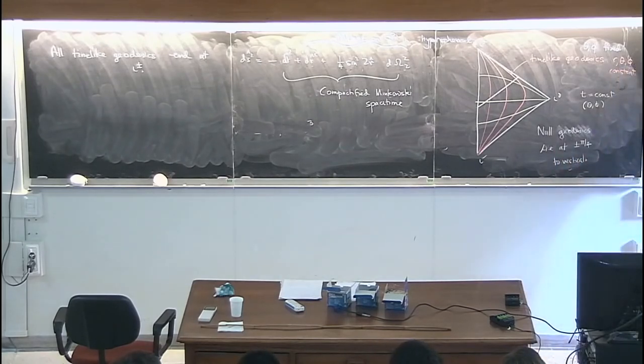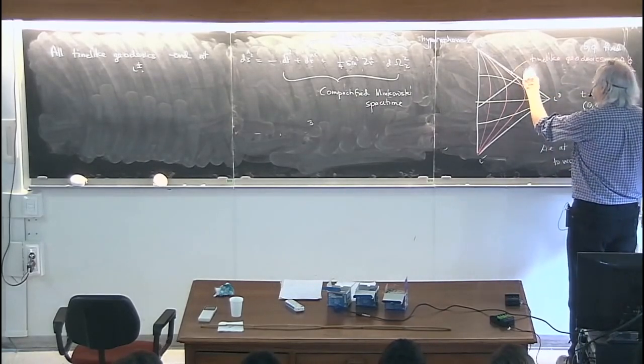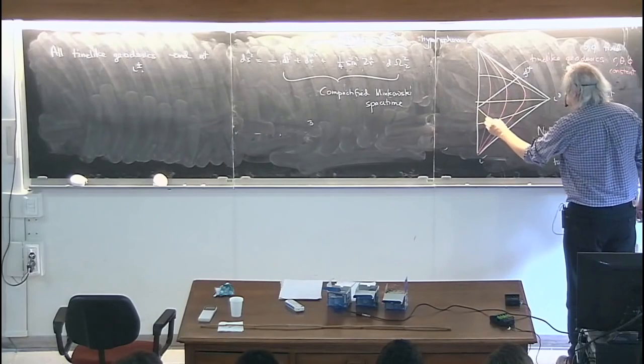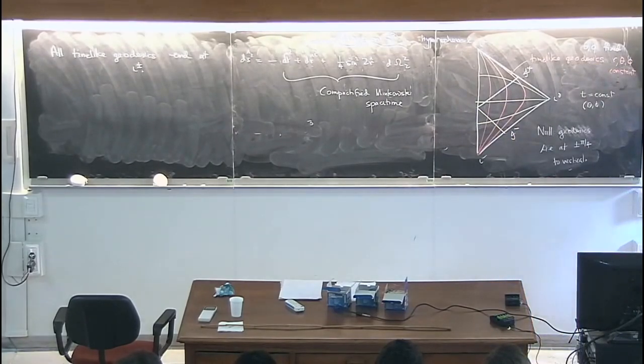So they're simply straight lines that look like this. Null geodesics end at scri minus or scri plus, depending on whether you're going to the past or the future endpoints.